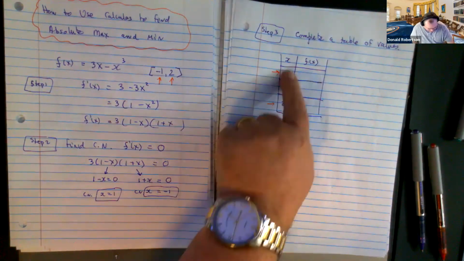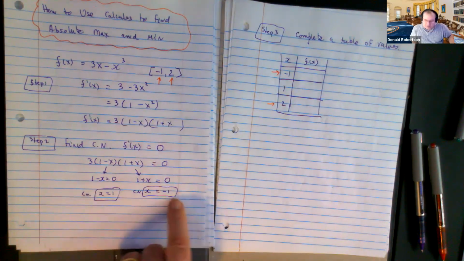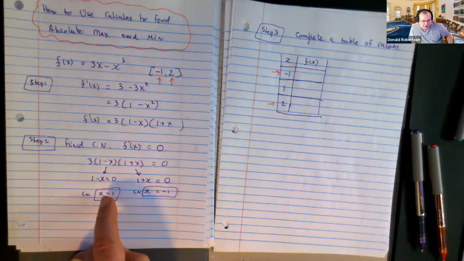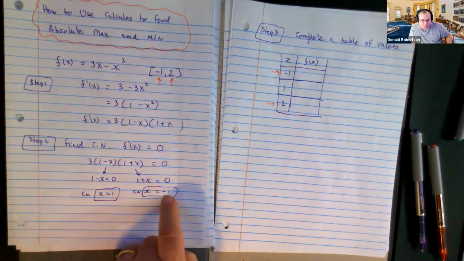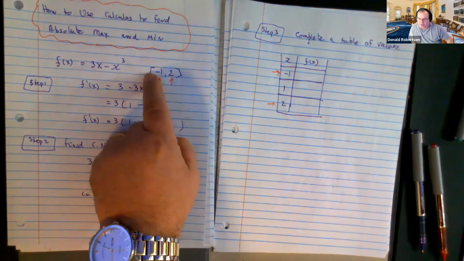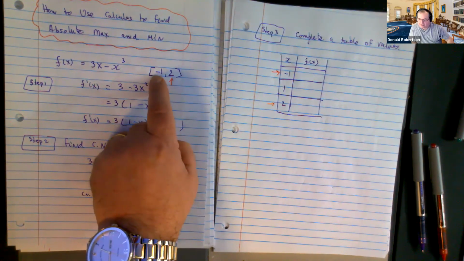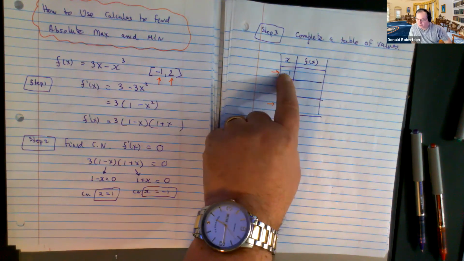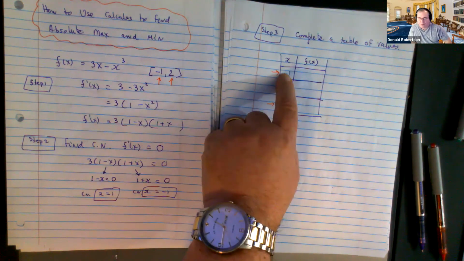And then anything else in the middle has to come from here. So in this particular case, would you agree that both these critical numbers fit inside this range? -1 and 1 fit inside this range. I don't write -1 twice, because it's there, but I do write 1.